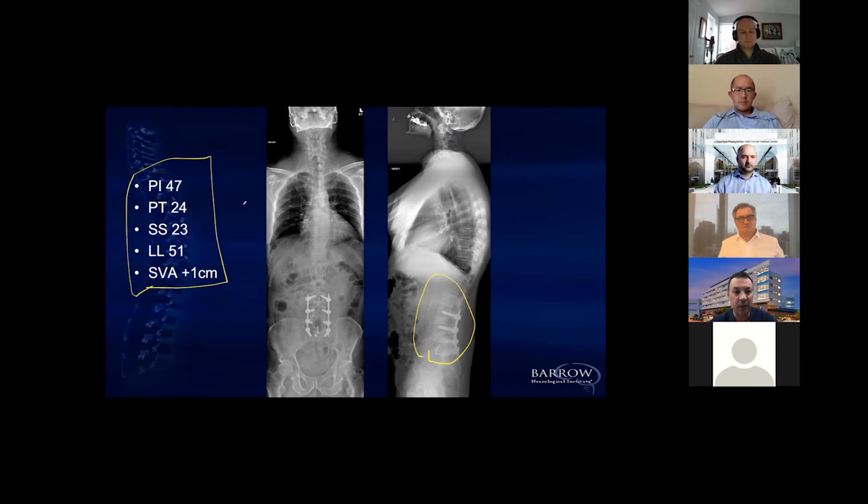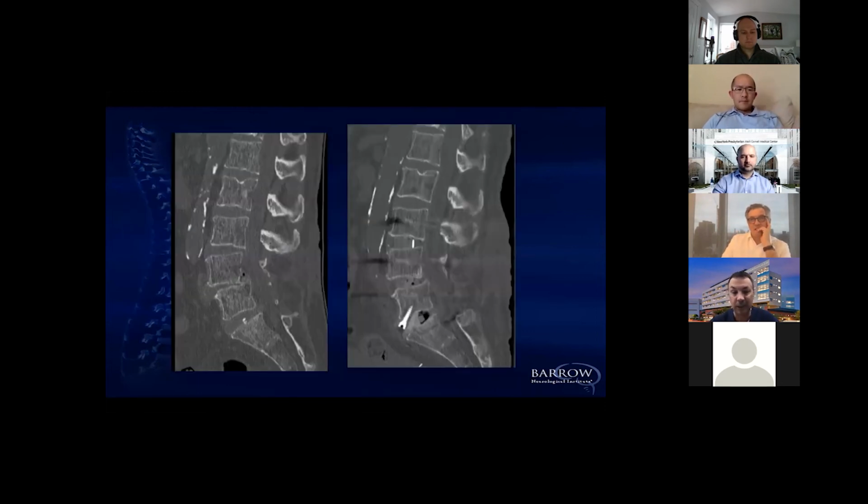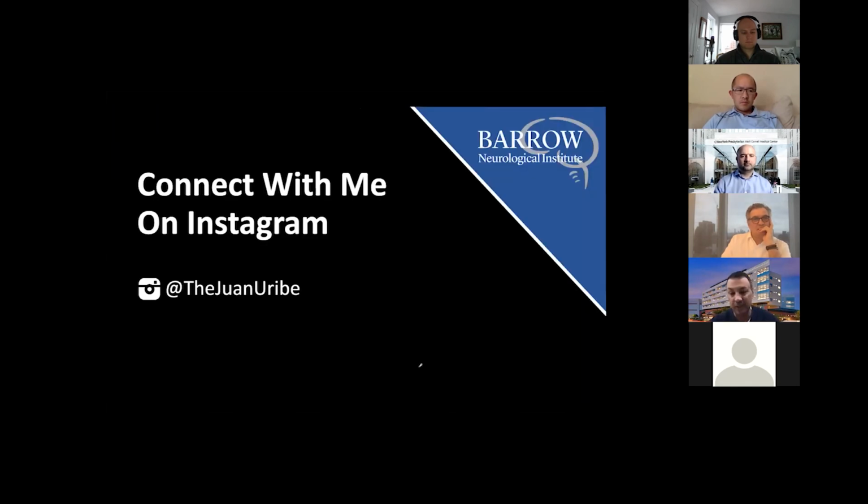This way, without the need to do any osteotomies or anything fancy, taking advantage of the previous laminectomy, you're able to deliver what I call a balanced spine using less invasive techniques and trying to maximize the disc space so I can use the biggest cage to have a solid fusion. So that's my case, but if you guys want to start our discussion and questions, I'm more than happy to answer questions and go back and forth on anything you wanted.